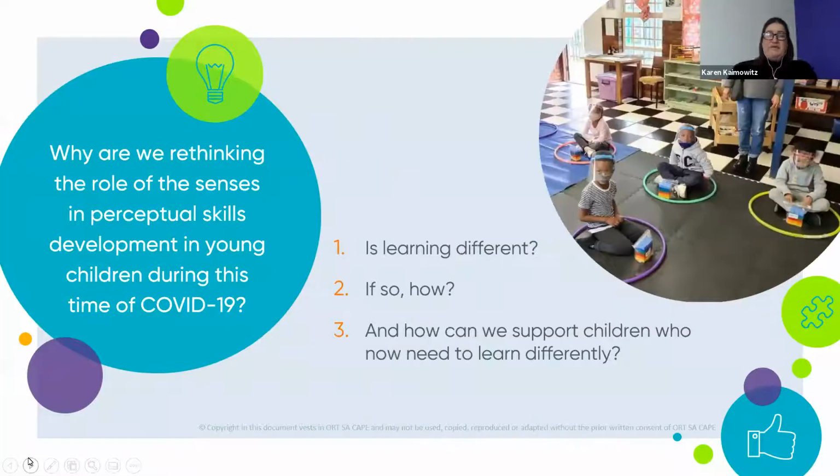So why are we rethinking the role of the senses in perceptual skills development in young children during COVID-19? Well, we've seen and we've heard and we know a lot about in our classrooms that learning is incredibly different. And while it's incredibly different, it's still the same. We still have to teach our children to learn effectively and be safe and have a wonderful time in our classrooms.